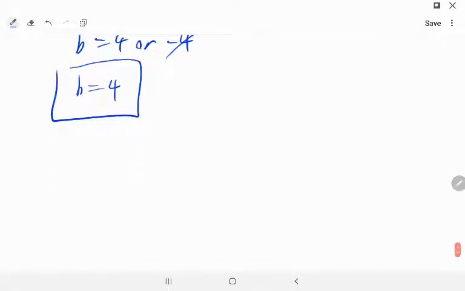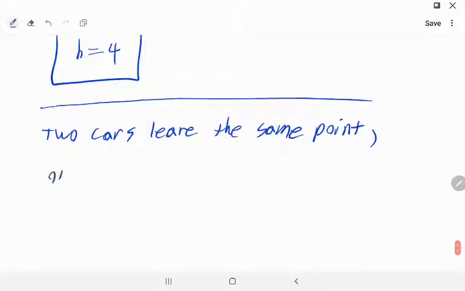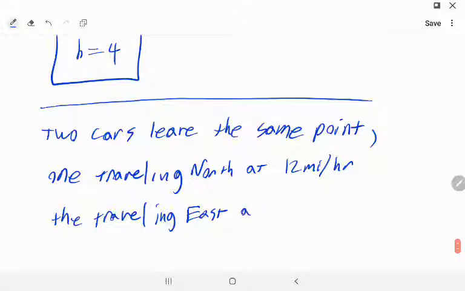So if we wanted to look at something a little different with a triangle, we could imagine 2 cars leave the same point, one traveling north at 12 miles per hour, the other traveling east at 10 miles per hour.